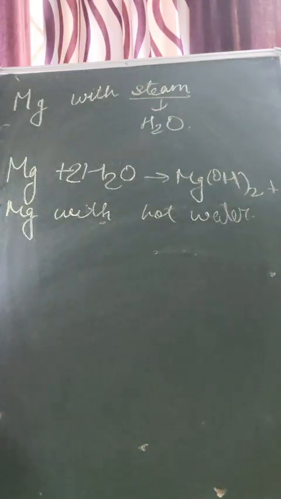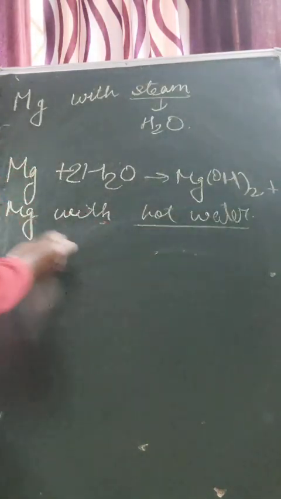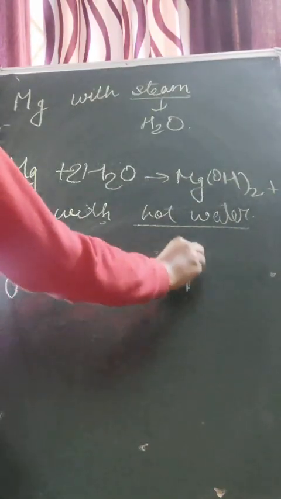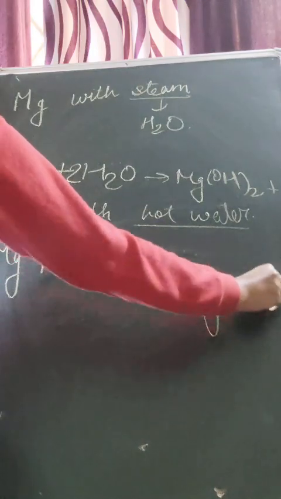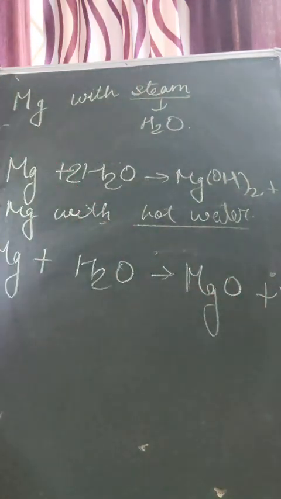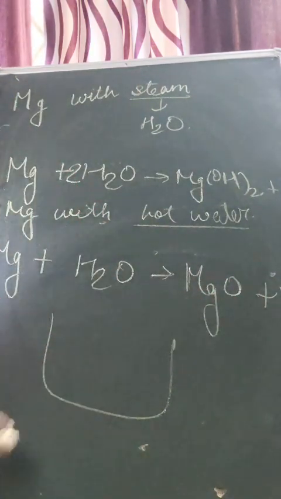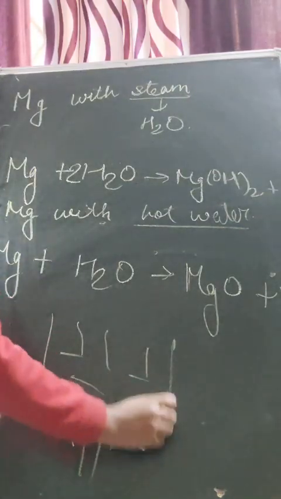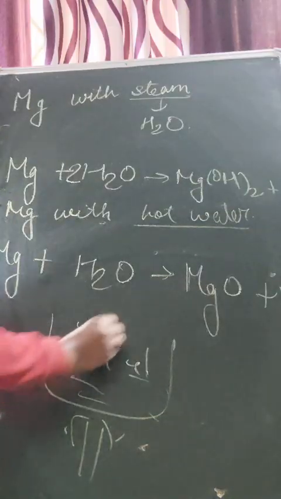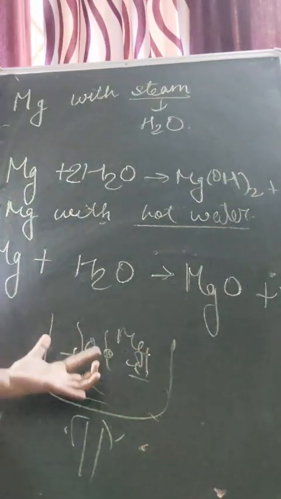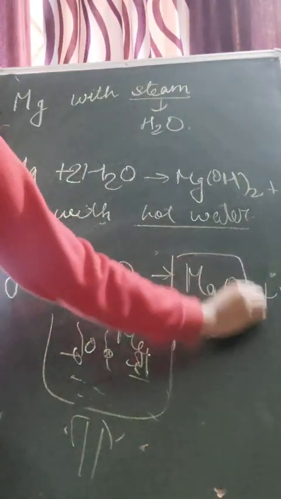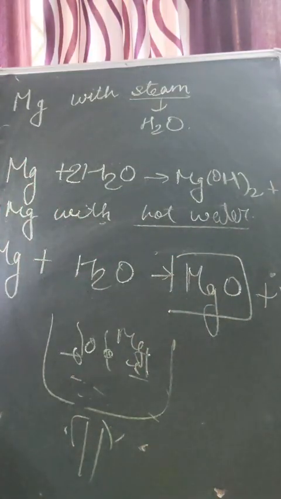But when this magnesium reacts with hot water, it forms magnesium oxide because, if this is the beaker and we are heating the water and we are putting the magnesium crystals into this, it is completely immersed. So this will form the magnesium oxide.